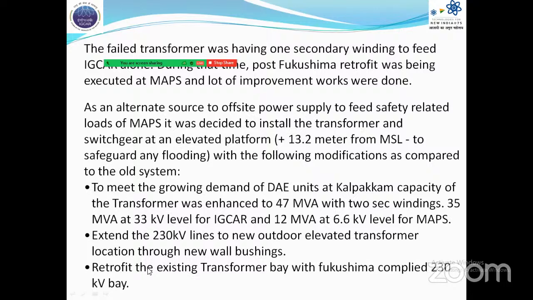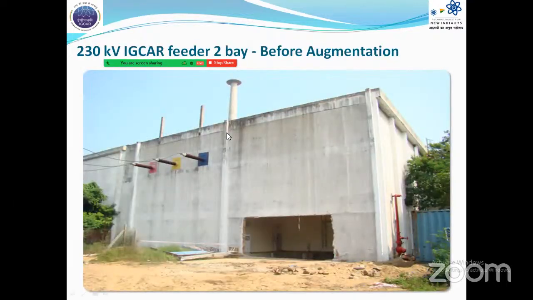Third, the switchgear, lightning arrestor and other equipment are to be installed over an elevated platform, to make the existing transformer bay a Fukushima-compliant 230 kV bay. These were the modifications planned. The figure shows the transformer bay after the removal of the old failed transformer, which was taken out of the transformer bay to the outside.